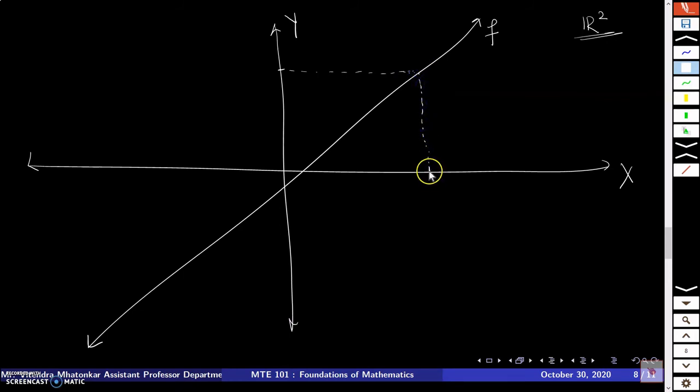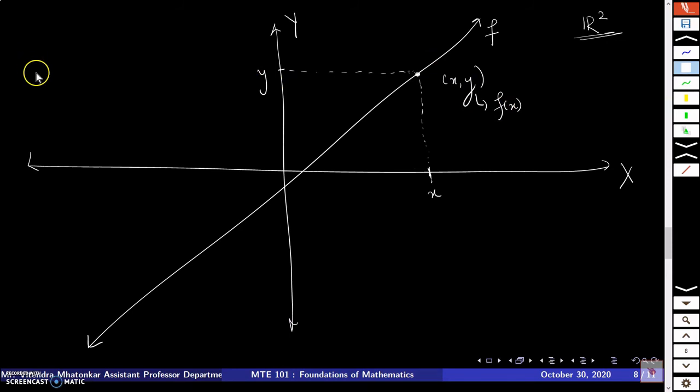So you will get the corresponding point x such that f of x is equal to y. Right? So no matter which point on the y-axis you take, you will get a corresponding point on the x-axis which is mapped to y, and that's here. So this point is x comma y, and this y is nothing but the image of the point x under the function f.